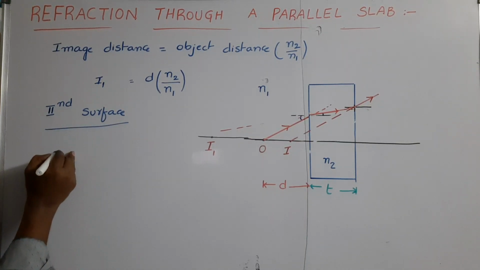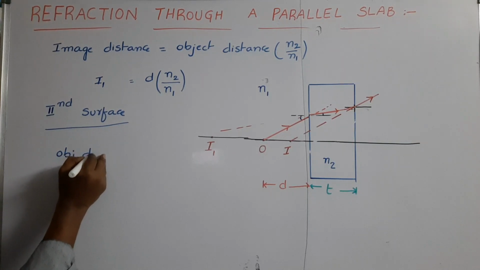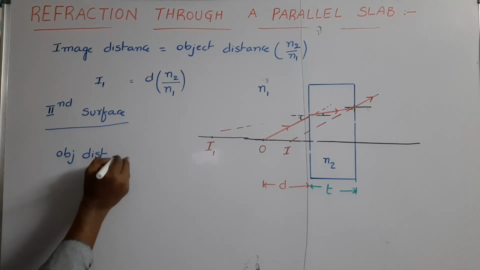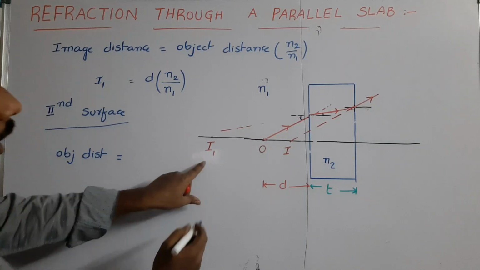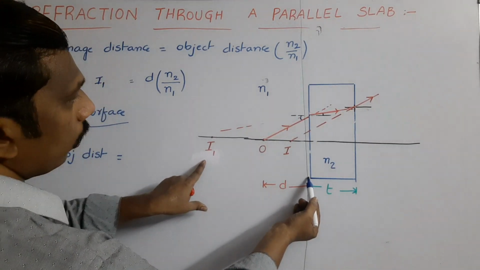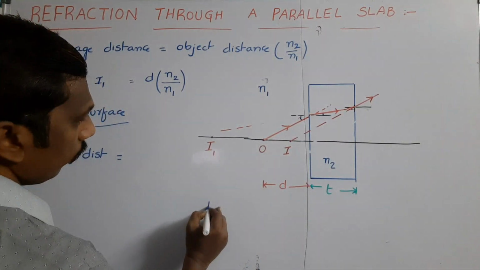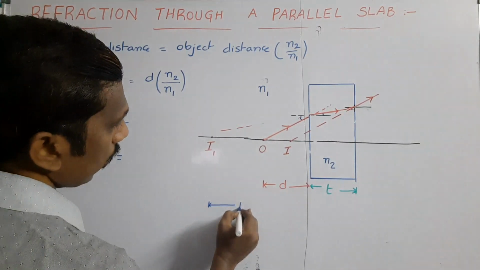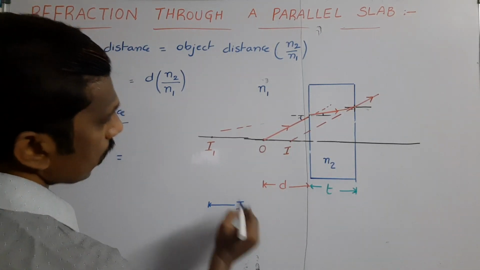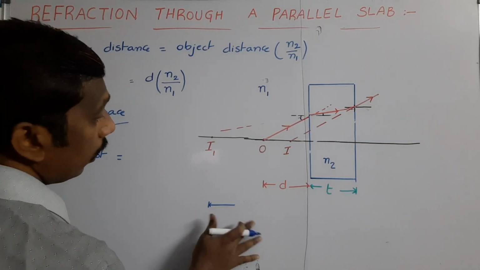From the second surface, the object distance is equal to... this is the object for the second surface. This distance is equal to I1. Take the first image distance as I1, or we may take it as D1 also.